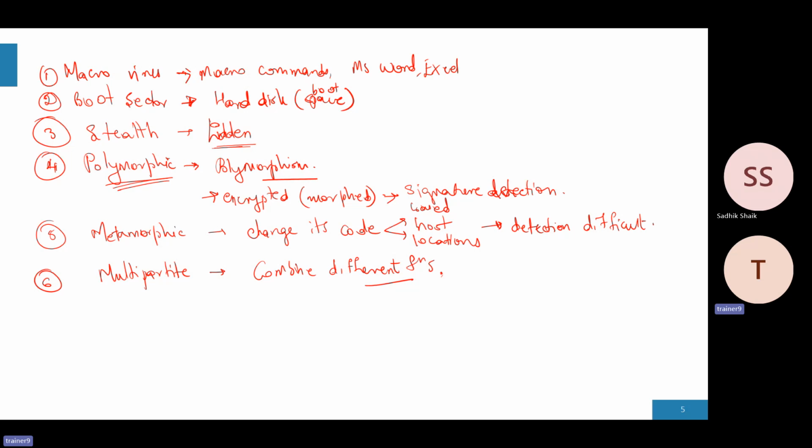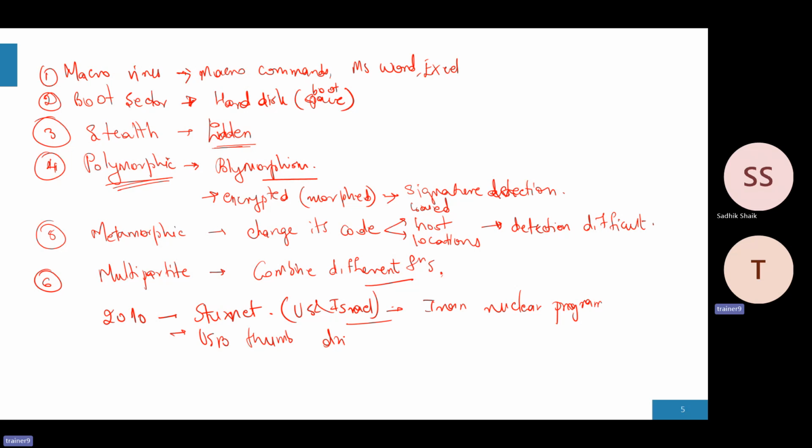One good example of this kind of virus was around 2010, when Stuxnet was a very popular virus. It was primarily developed by the US and Israeli governments, who together created it to disrupt Iran's entire nuclear program. They created a USB thumb drive to target it.